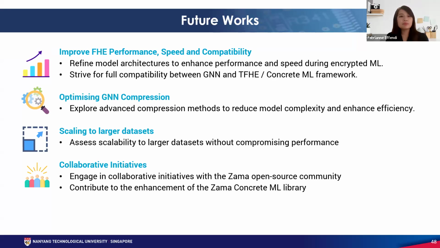We can also look into optimizing GNN compression, where more advanced compression methods can be used to further reduce model complexity and enhance efficiency. Also, scaling to larger datasets without compromising performance and looking into the hardware acceleration side of things. And finally, collaborative initiatives such as engaging with the Zama open source community and the FHE community and contributing to the enhancement of the Zama Concrete ML library.